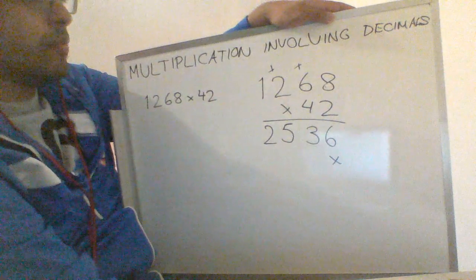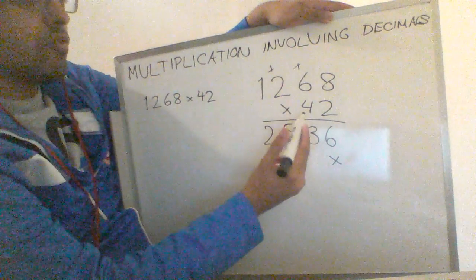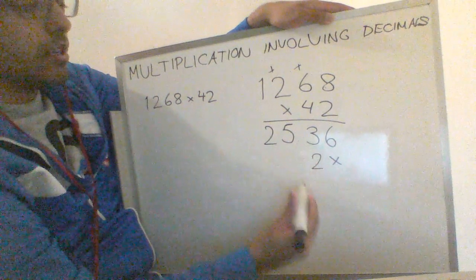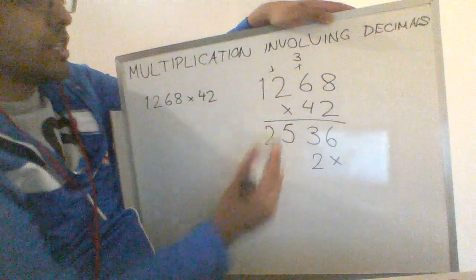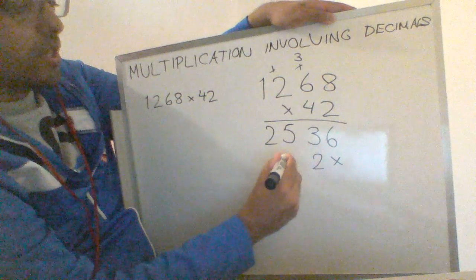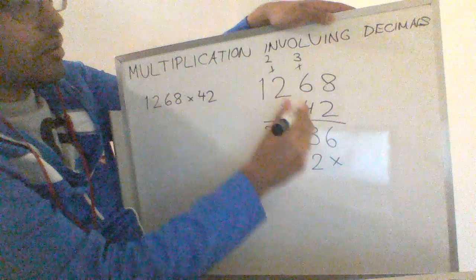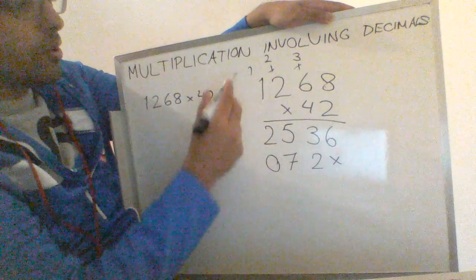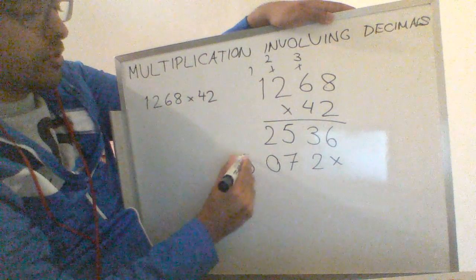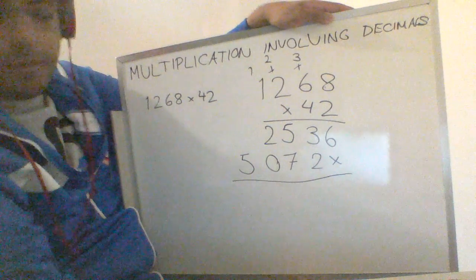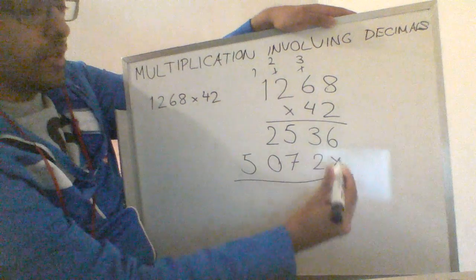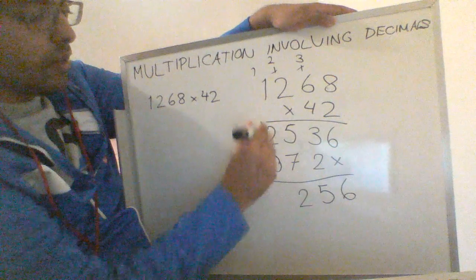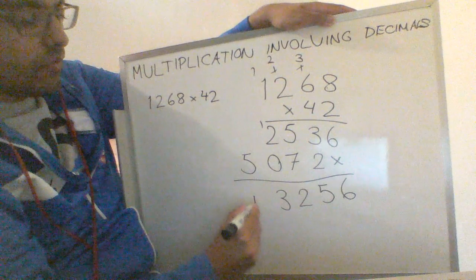We put our placeholder, you can put an X, you can put a 0, whatever it is that you want to put there, and then we do the same thing with this 4. So now we do 4 times 8 is 32, so we put a 2 down here, carry the 3, 4 times 6 is 24, plus 3 is 27, so that goes there, carry the 2, 4 times 2 is 8, plus 2 is 10, carry the 1, 4 times 1 is 4, plus 1 is 5, so that goes there, and then we get a line, and now we're just going to add this, and we get a 6 at the bottom, 5 over there, 5 plus 7 is 12, carry the 1, 2 plus 1 is 3, and this 5 is by itself.